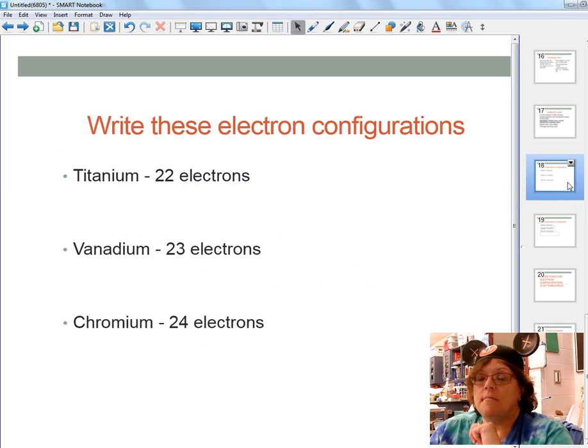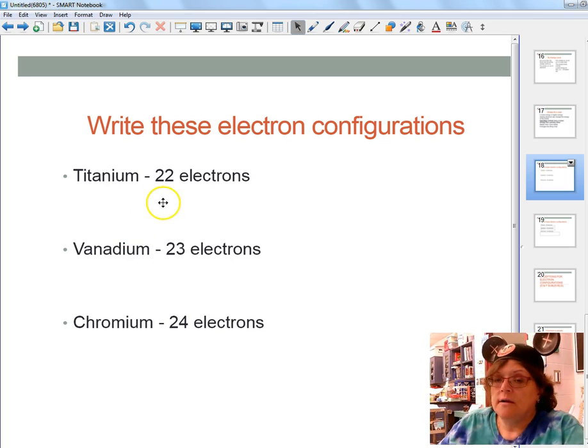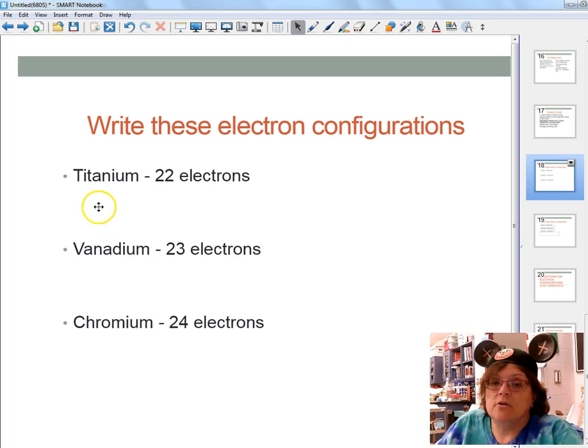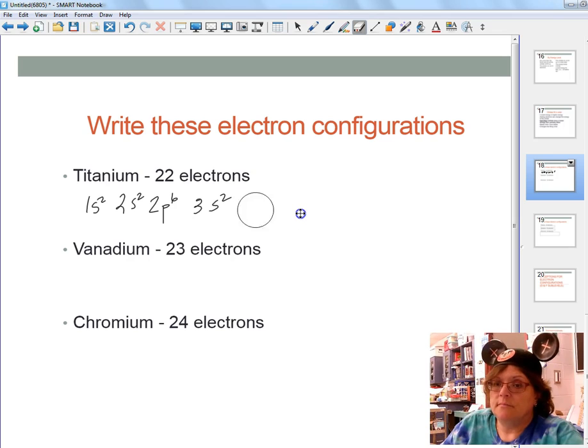And so let's write some electron configurations. Titanium has 22 electrons. Its first energy level is going to have 2, 1s2. Second energy level, 2 s's and 6 p's for a total of 8. Third has 2 s's, 6 p's.